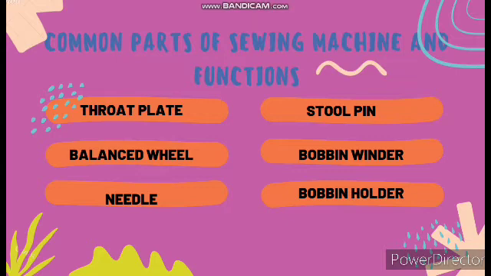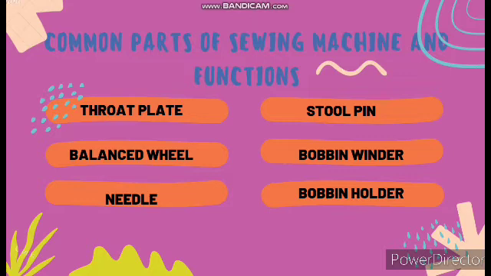Stud pin. Stud pin is used to hold the spool of thread in place while sewing. Bobbin winder. Bobbin winder is basically used to ensure the right direction of thread from the stud pin to the bobbin. That's what it does. It makes sure that there is a right direction of the thread from the stud pin as it's going to the bobbin.